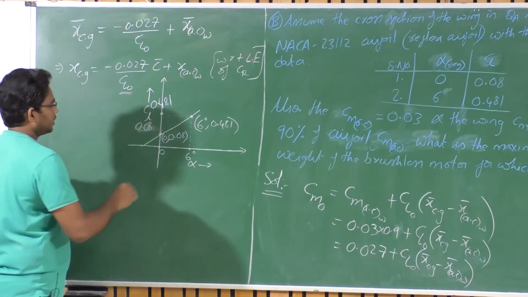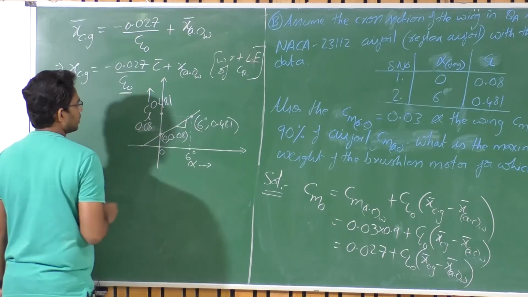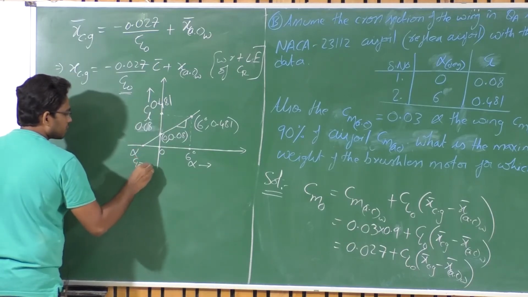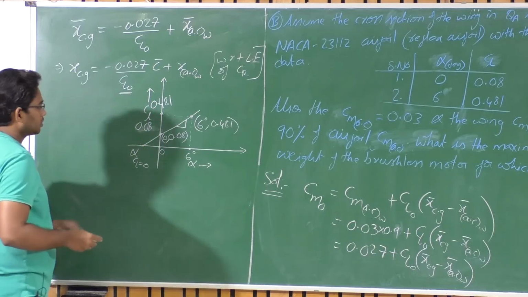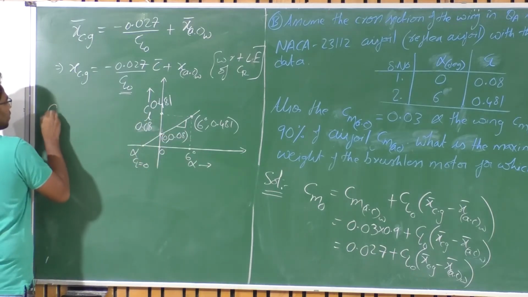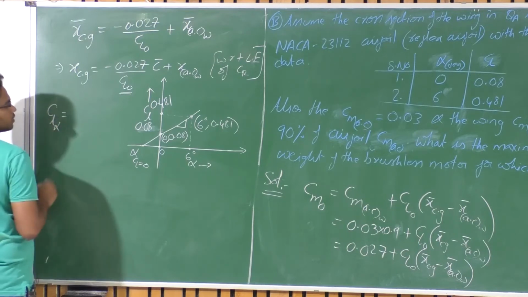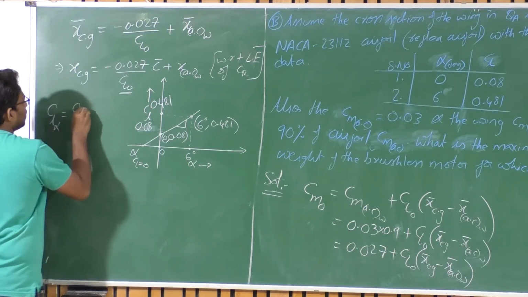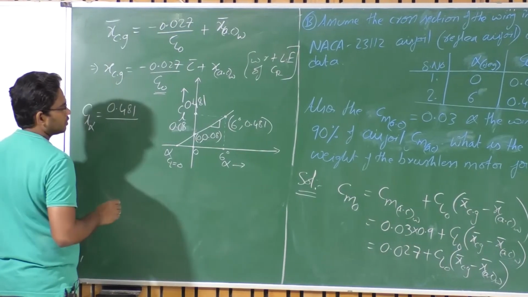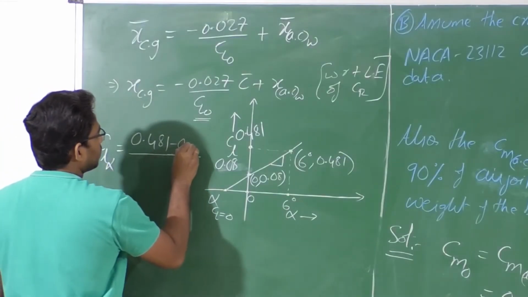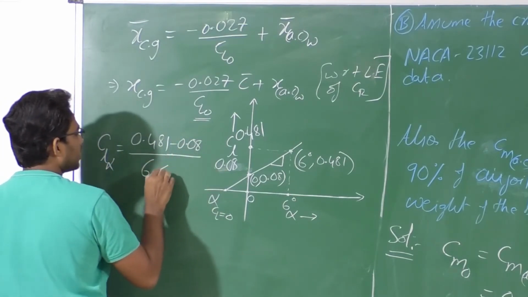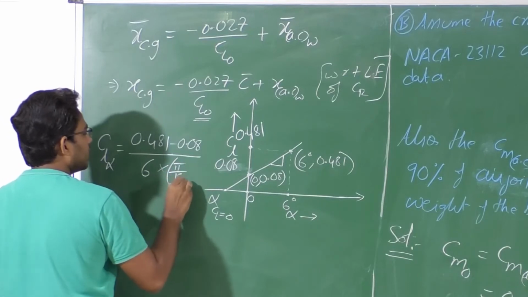First of all, I need to find out the slope. The two-dimensional slope CL alpha is equal to (0.481 minus 0.08) upon 6 degrees multiplied by pi by 180.